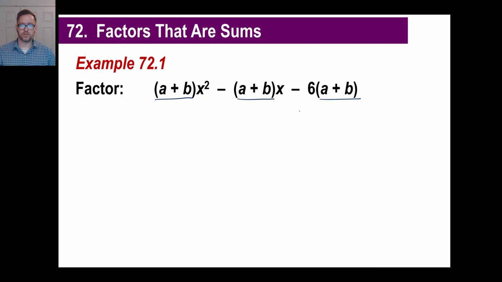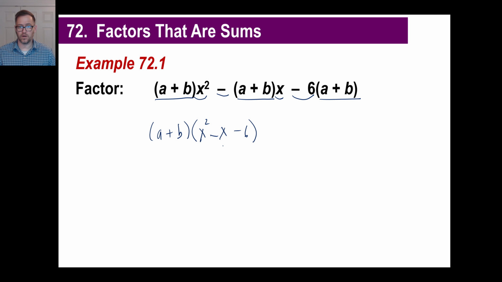So what we can do is lump this other stuff, the x squared and the minus x and the minus 6, together as one hunk. Then I'm just going to multiply the entire thing by a plus b one time. So this is the a plus b that we're going to multiply by the entire thing. And the entire thing that's left is the x squared, the minus x, and then the minus 6. And that's a little bit simplified, okay?